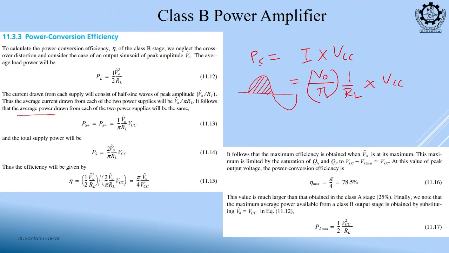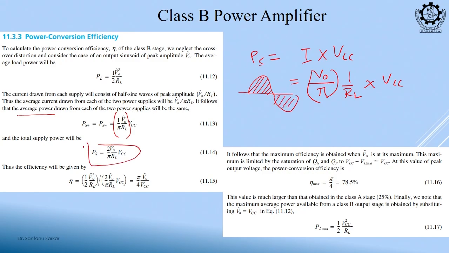It was not the full sine wave, only the half, right. So if we calculate this, we will get the average current. So average current is this much portion, and I have to multiply it with 2 because this is for both of the cases.